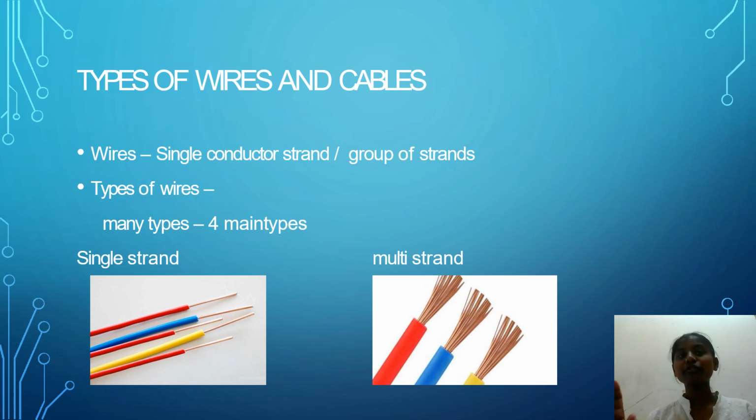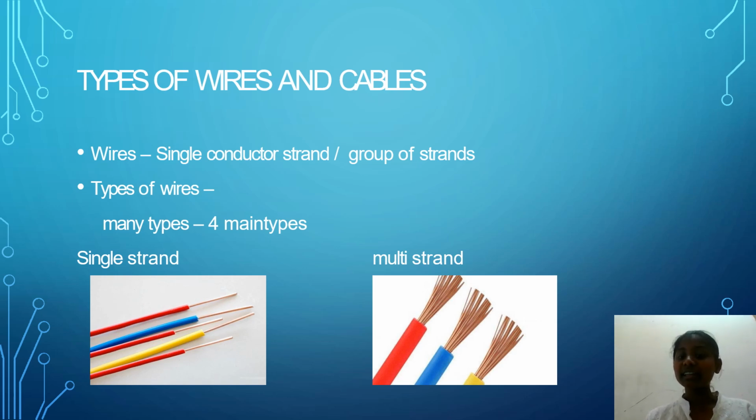Let us see what are the different types of wires. First, inside the wire we have only one copper strand. Usually electrical wires use copper, steel, aluminum, silver, etc. Here inside the wire we have only one thin copper strand, so this is called single strand.